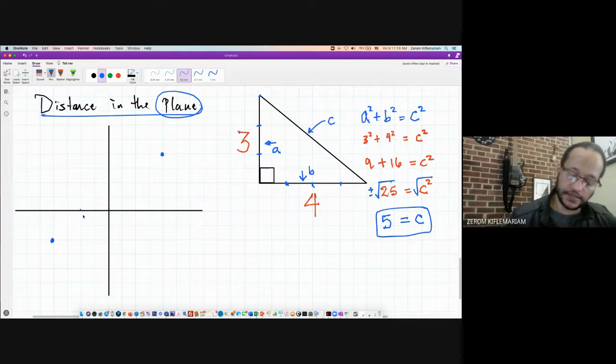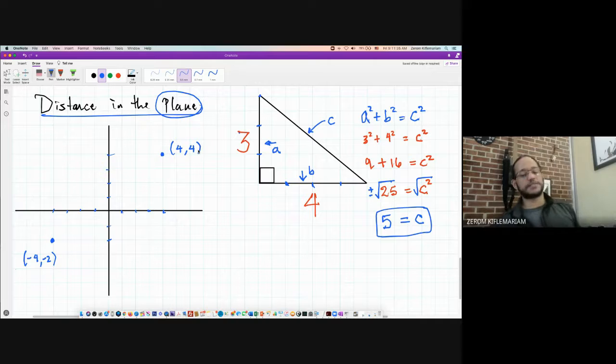As an example, 1, 2, 3, 4, 1, 2. So this point over here would be -4, -2. On the right side, 1, 2, 3, 4. Over here, 1, 2, 3, 4. Over here would be +4, +4.